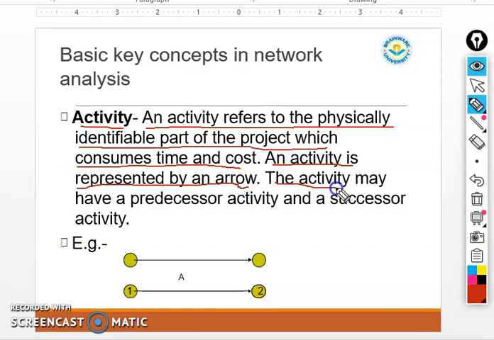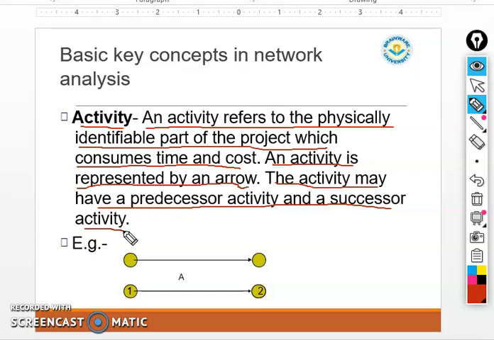The activity also may have a predecessor activity and a successor activity. Sometimes we also construct some diagrams where the activities can be represented by a circle or a node. That means you can draw a network using the activity by an arrow or by a node.